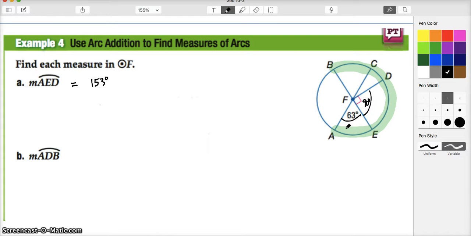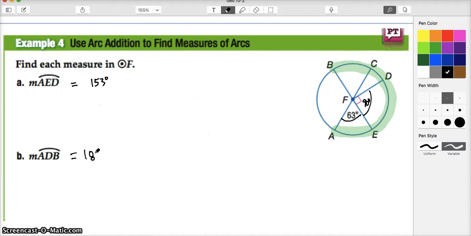So if I look over here, I've got 63, 90, and then this bit here. If you look carefully, you can see that BE is a diameter, and therefore this arc EB is 180 degrees. So basically ADB would be 180 plus 63 degrees.